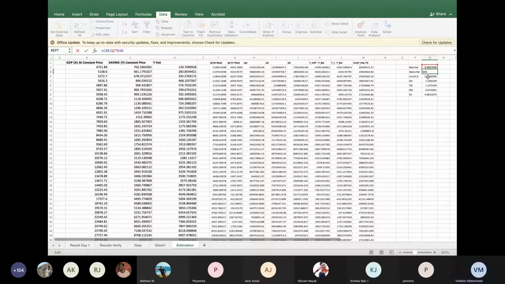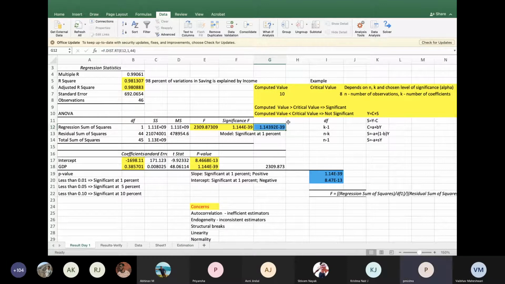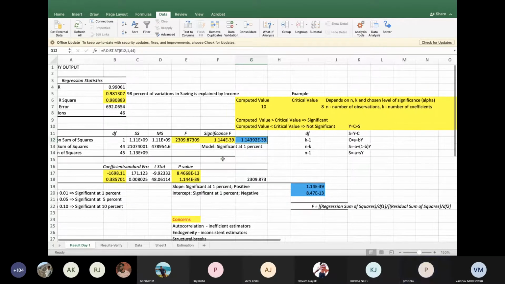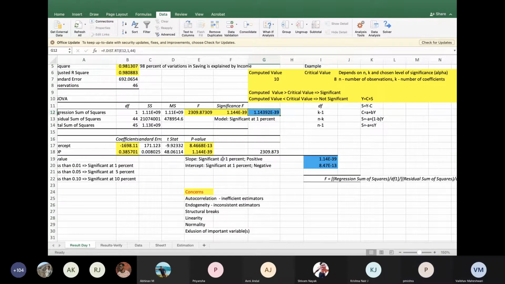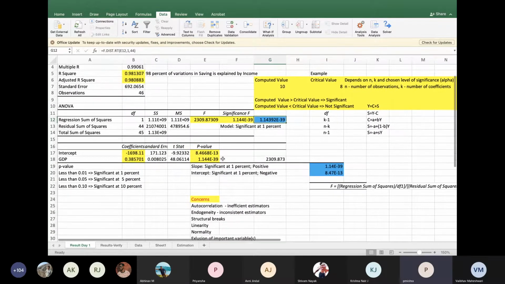Yes. Now just go to the results sheet. Same result we are getting from the formula as by using the command straight away. It is given in the results verify sheet also.